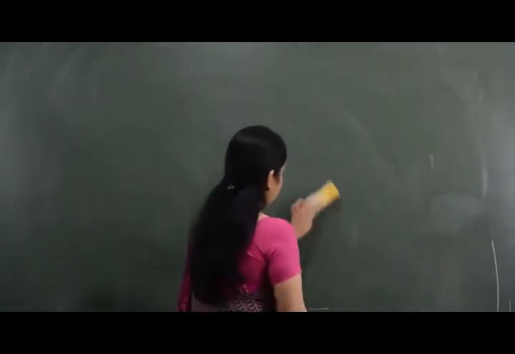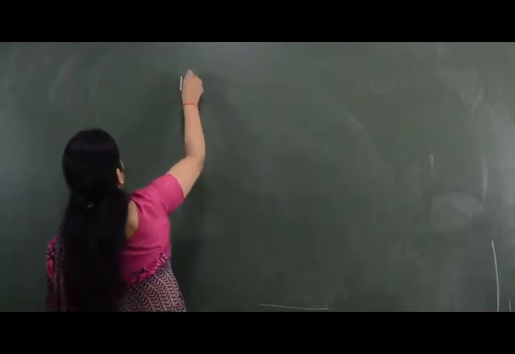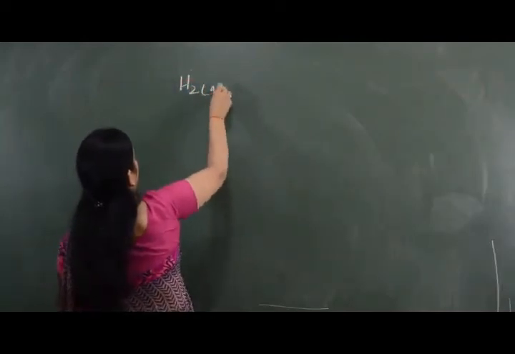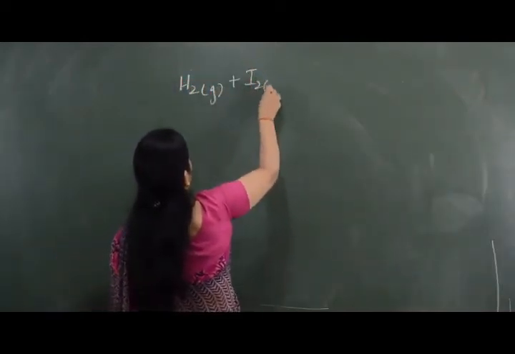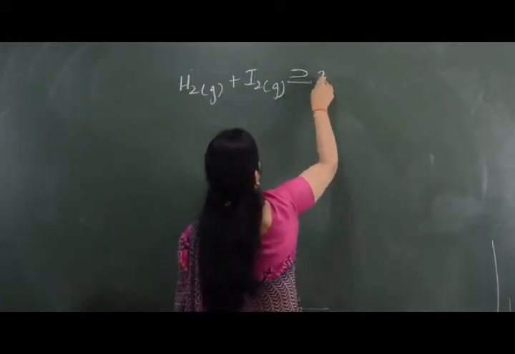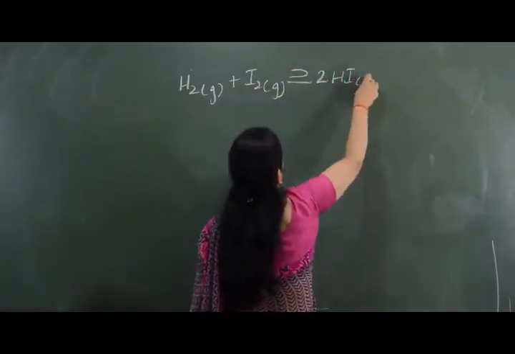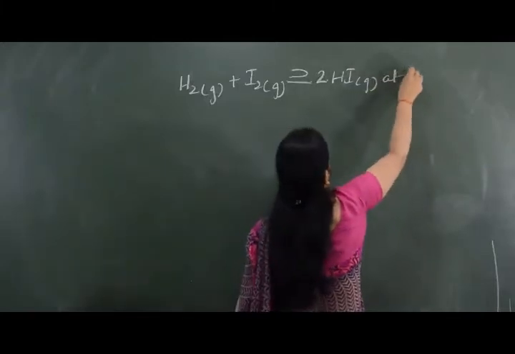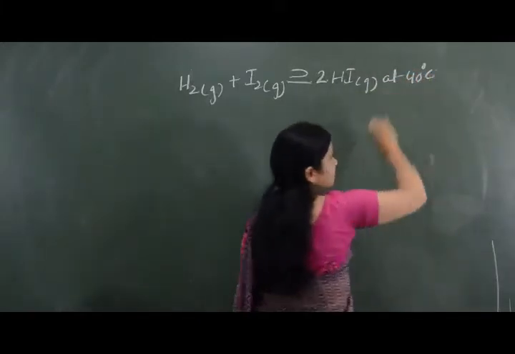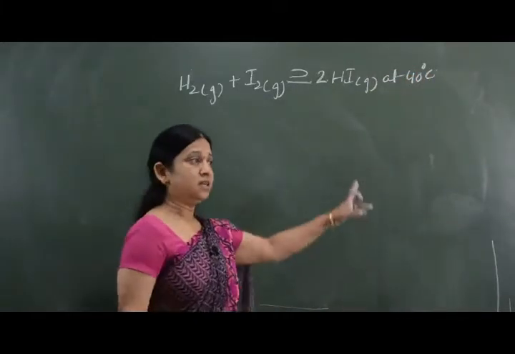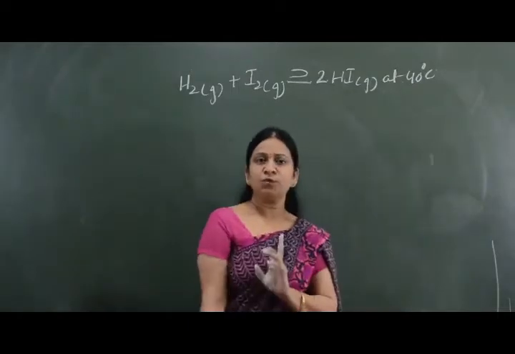There is one more thing. Suppose I am having this equation, hydrogen gas plus iodine gas giving 2HI gas at 40 degree Celsius. I am applying a condition here, the temperature is 40 degrees.